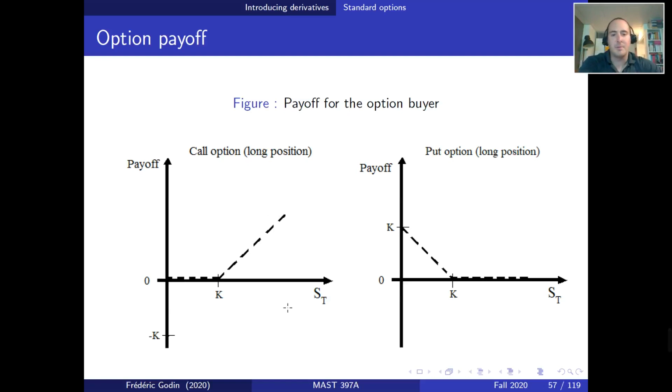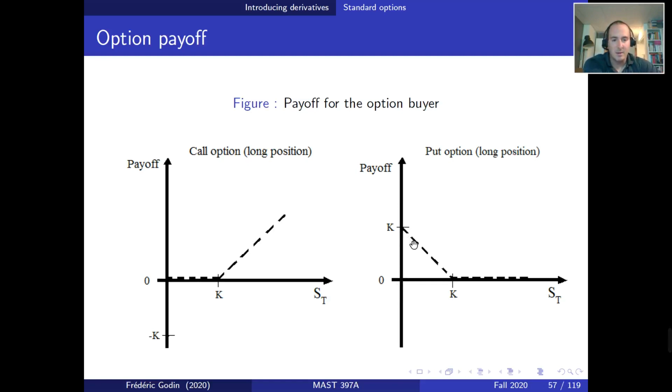Conversely, for the put option, if we plot the payoff function we had earlier, the payoff takes the following form, which is again some type of hockey stick. If at maturity the underlying asset is smaller than K, then you exercise the option and you receive K minus S_T.